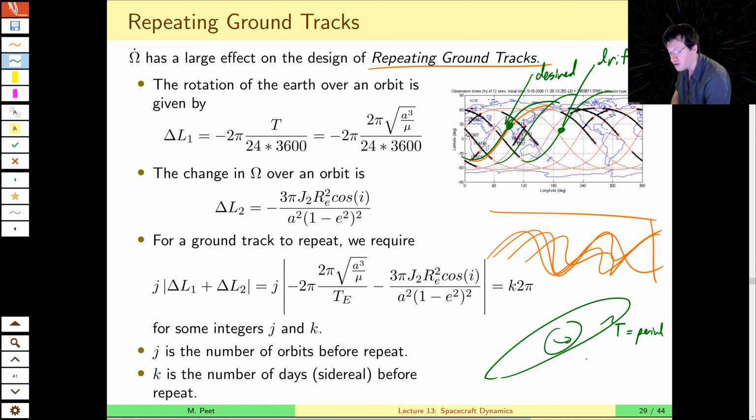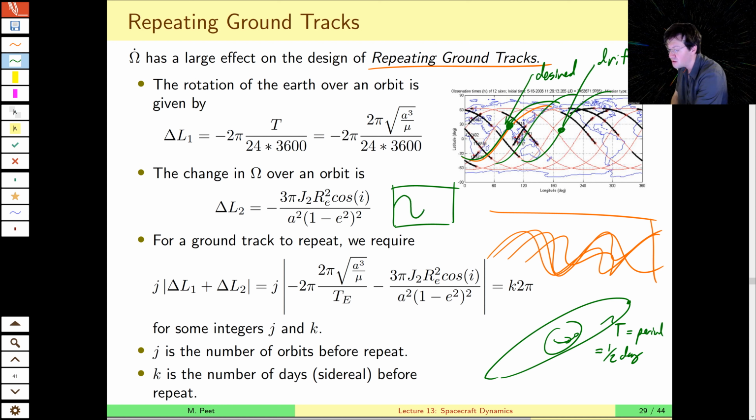However, if you were clever and you made your period equal to 1/2 day, then the Earth would rotate half a revolution while you did one orbit, and so you'd appear over a different point on your first orbit, and then your second orbit.